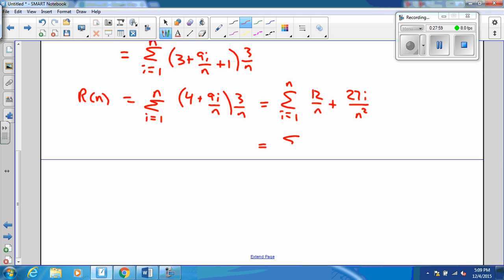And this is the Riemann sum simplified. We've got it simplified, but we don't yet have it in closed form. So that's our plan from here.